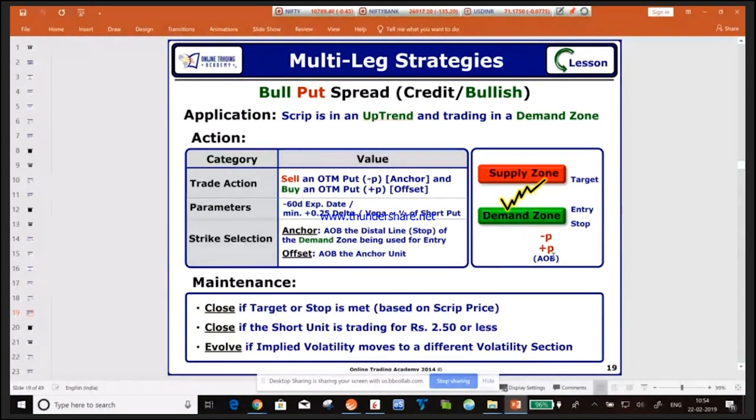Offset unit strike should be below the anchor unit strike, and the vega of the entire position should be half of the vega of the anchor strike. This I will explain once we go into the RR calculations. Practically, it will be easier for you to understand.